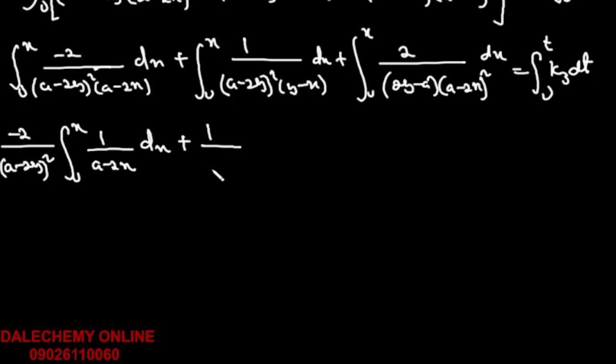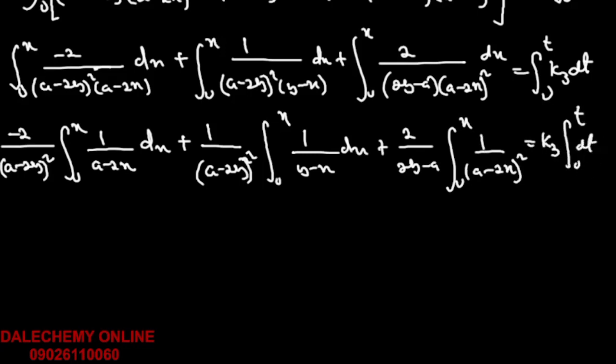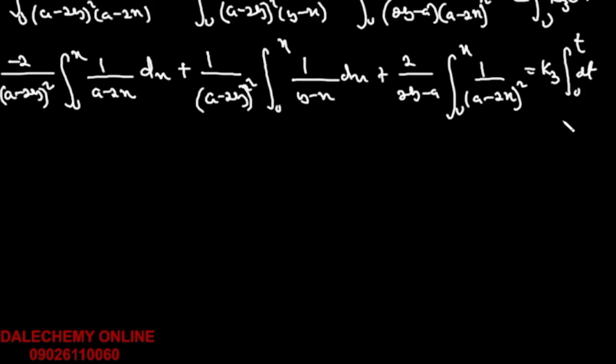That will be 1 over (a minus 2b) squared times the integral from 0 to x of 1 over (b minus x) dx, then plus 2 over (2b minus a) times the integral from 0 to x of 1 over (a minus 2x) squared. Now it's time to integrate this. This is the constant, bring it out, from 0 to t dt. Of course, we have done this before, but I just chose to leave it like that.